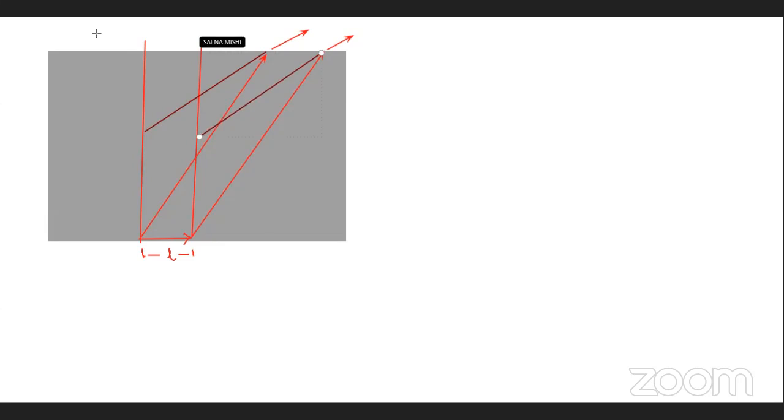Right, you are getting the image like this. On the same two lines you are getting it, correct? Yes, sir. At depth T by mu.